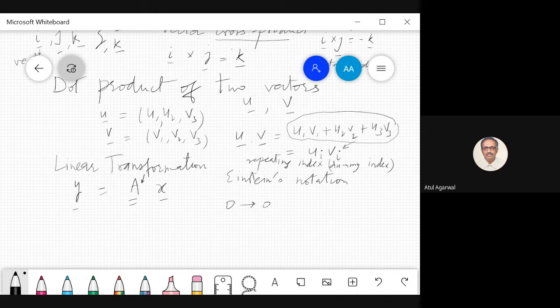Zero will be mapped to a zero. So zero of this will go to a zero of this. So you have transformed a vector x to a vector y. So you can write it as y1, y2, y3. This is a matrix A.